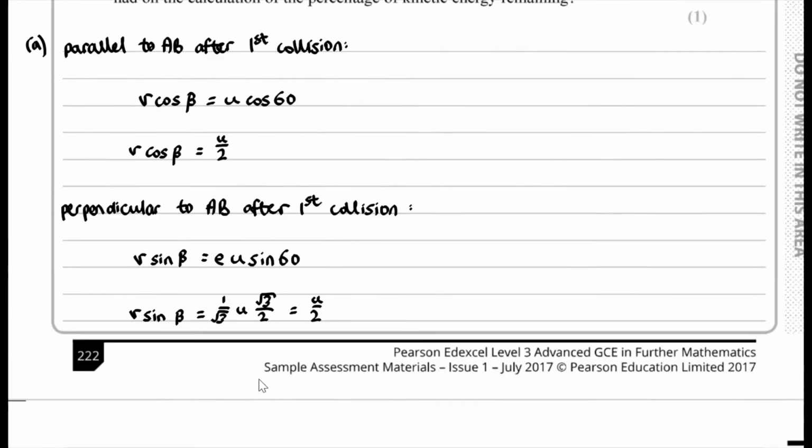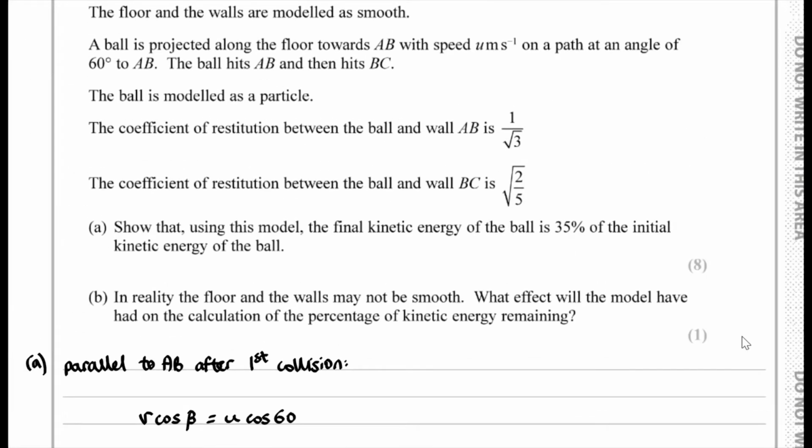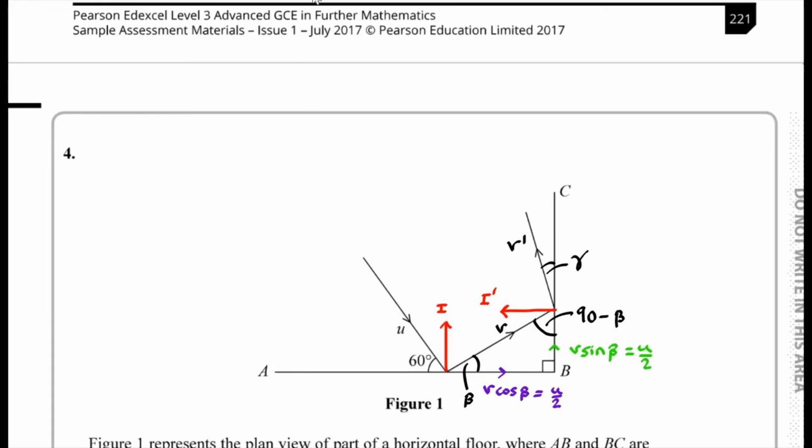Hence if we add this to the diagram over here, resolving parallel to BC, you'd find here we get V dash cos gamma equaling U over 2.